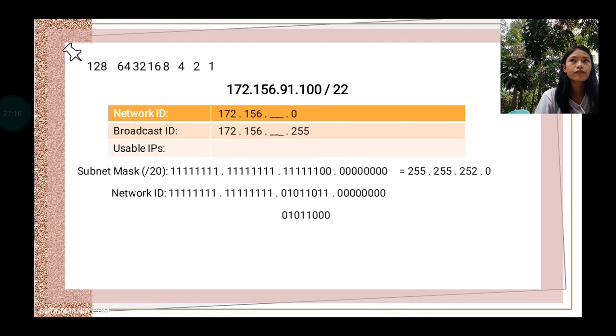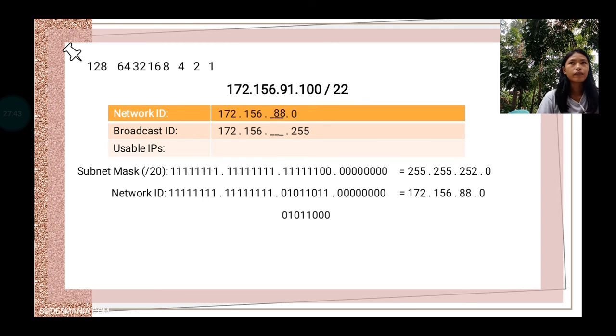Now, if we convert it to dotted decimal notation, it would be 88, since 64 plus 16 plus 8 is 88. So now we already have our network ID, which is 172.156.88.0. Now we can determine our broadcast ID.